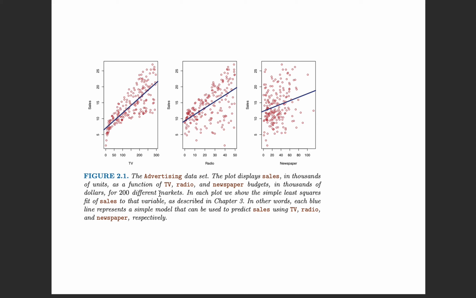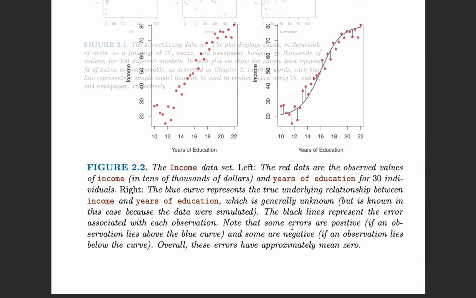Each data point refers to a different market. So we have TV, radio, newspaper. Obviously, for all of them, the more money you spend, sales go up. The relationship is different, but it looks linear, right? And that's what we all know from many years ago. Linear regression looks like the right thing to do.